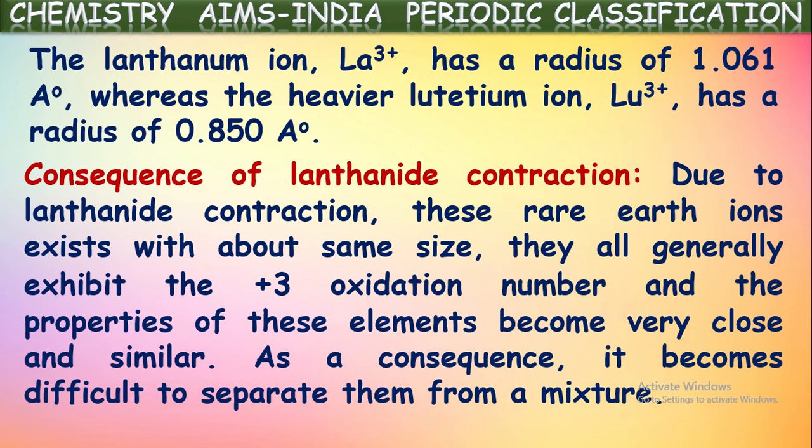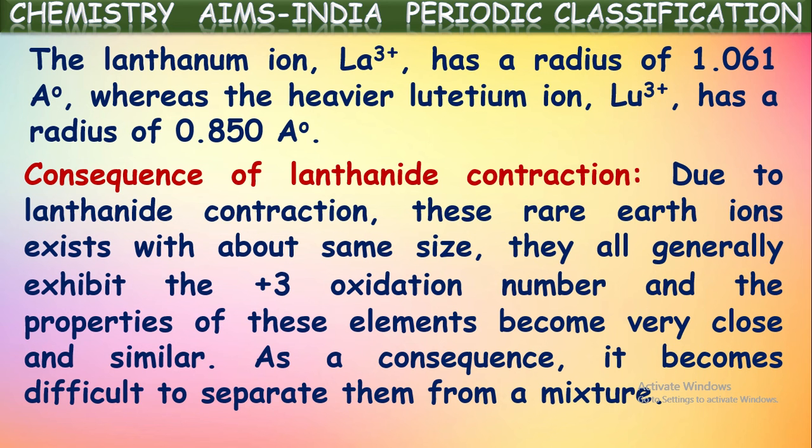From this we can say that from lanthanum to lutetium size gradually decreases. This is due to the poor shielding effect of inner electrons and the dispersed shape of the 4f subshell of these elements, and hence size decreases. That we are calling lanthanoid contraction.